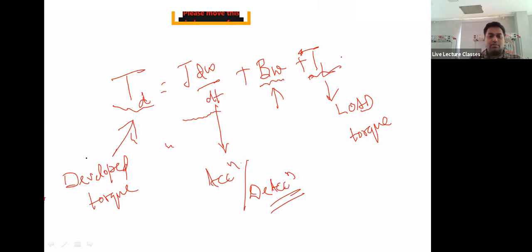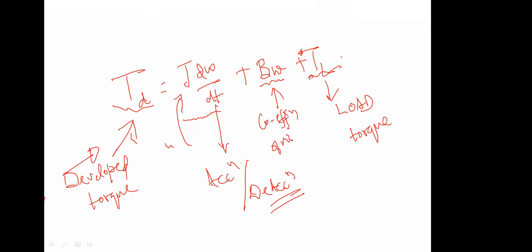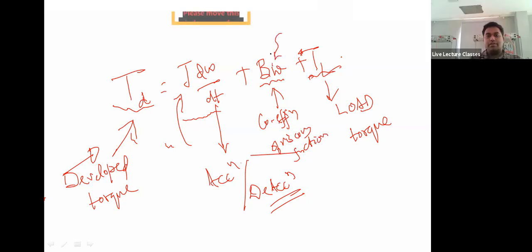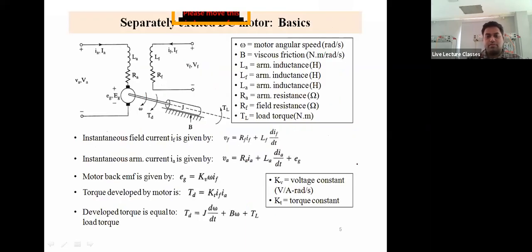TD is the developed torque, then this is the acceleration part, this is the coefficient of viscous friction, and this is the speed part, right? This is the load torque. That's it. So see, the same is written up here.